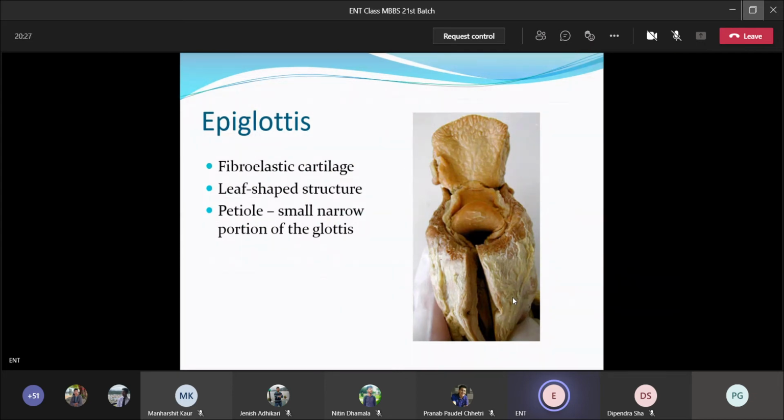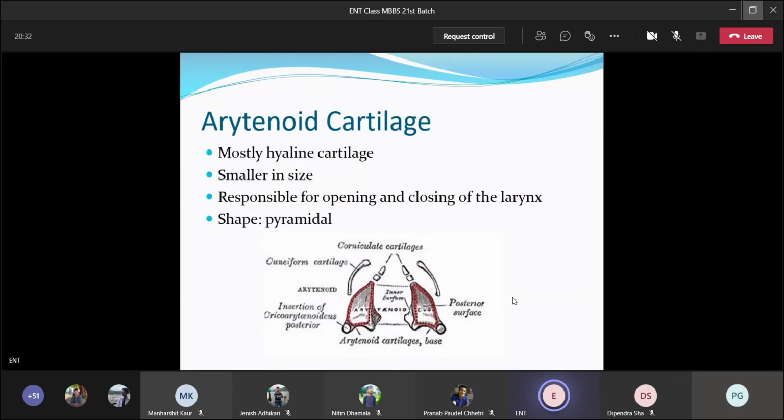Now after the unpaired cartilages, you come to the paired cartilages. The first is the arytenoid cartilage. Paired means there are two; unpaired means only one. Mostly it is a hyaline cartilage, smaller in size, responsible for opening and closing of the larynx, and the shape is pyramidal.